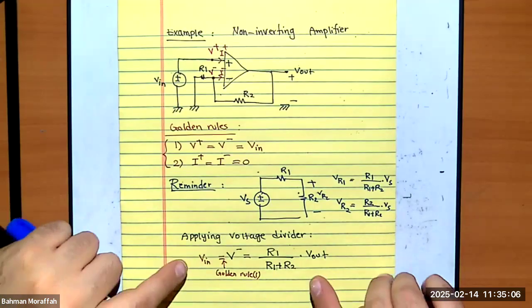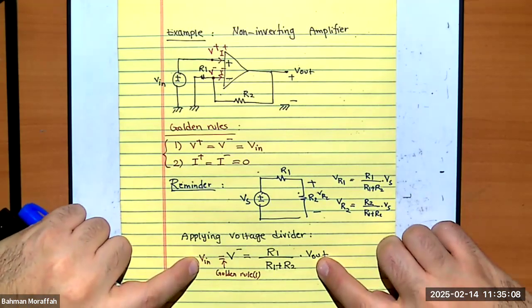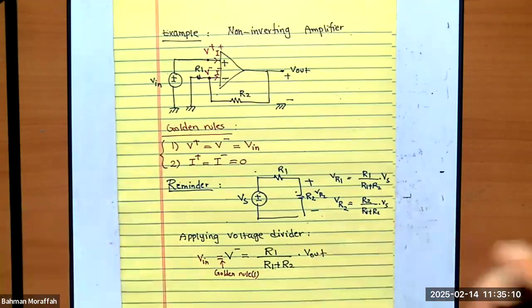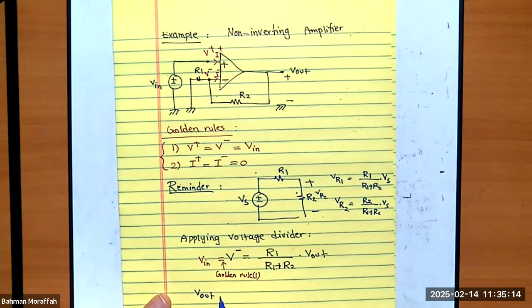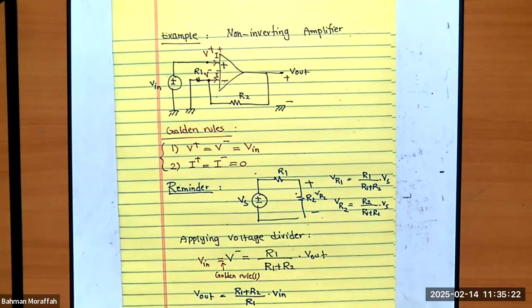Look what I have. I have the relationship between input and output. I can find V out, which is basically R1 plus R2 divided by R1 times V in. I can also find the ratio, which is 1 plus R2 divided by R1.